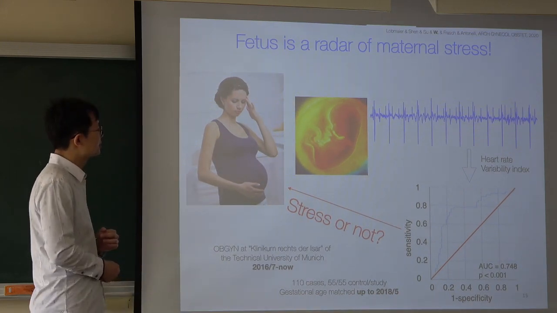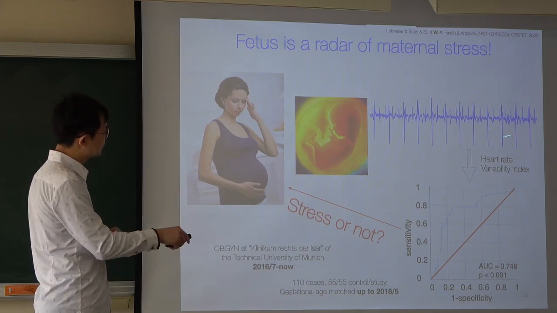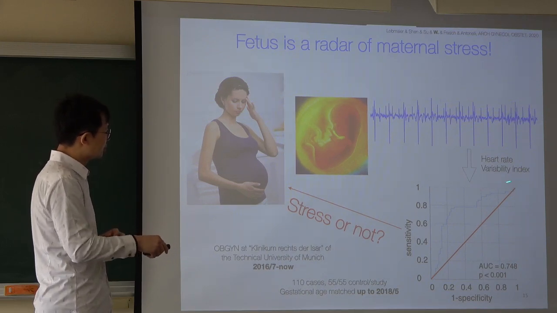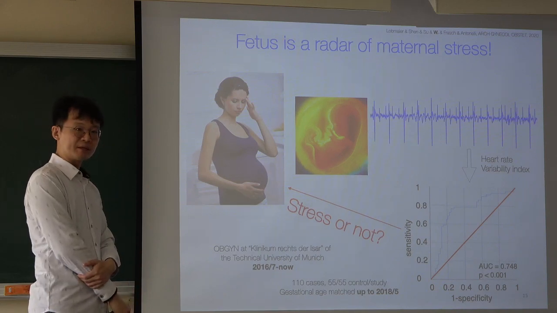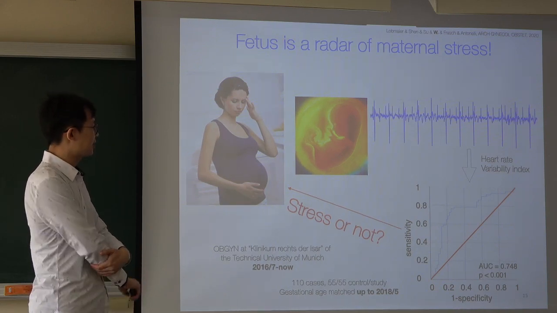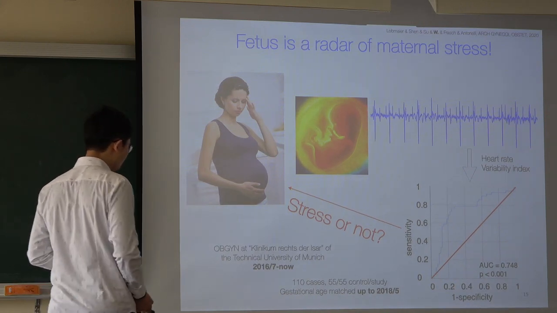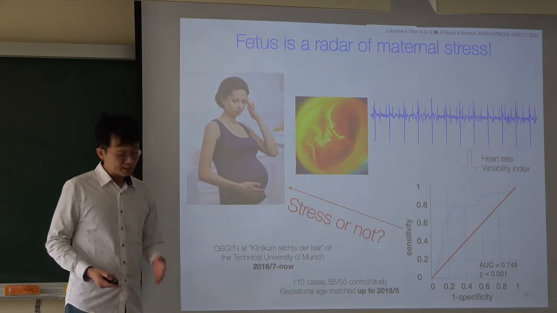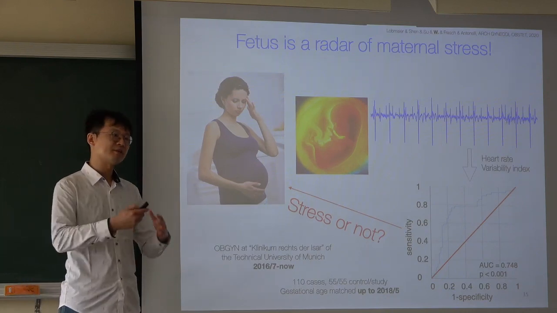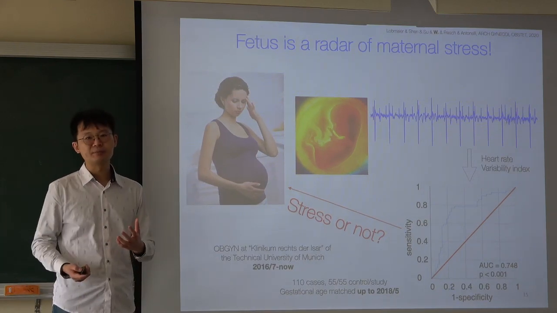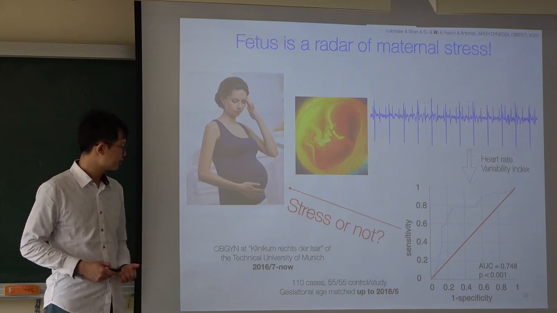So what we did was, from the transabdominal maternal ECG, we get some heart rate variability index, which I will introduce in the next slide. Then we have some experts from Germany, and they have found some pregnant women with or without stress.